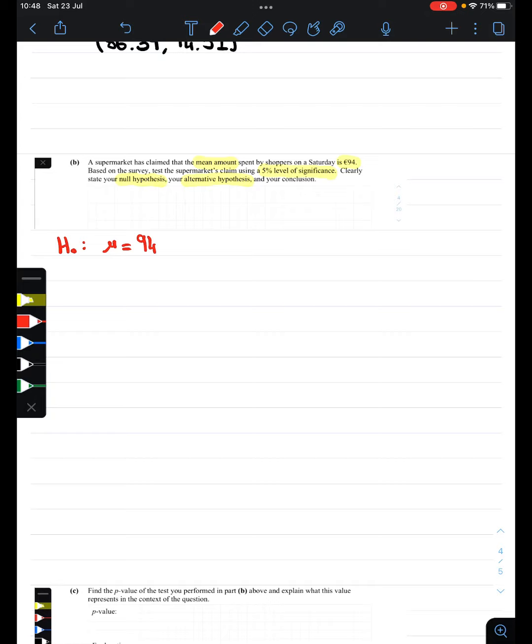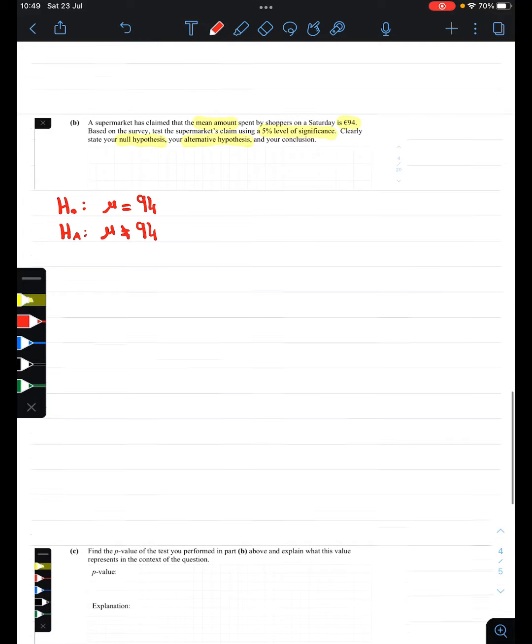And the alternative hypothesis is that the claim is false. Mu does not equal 94.